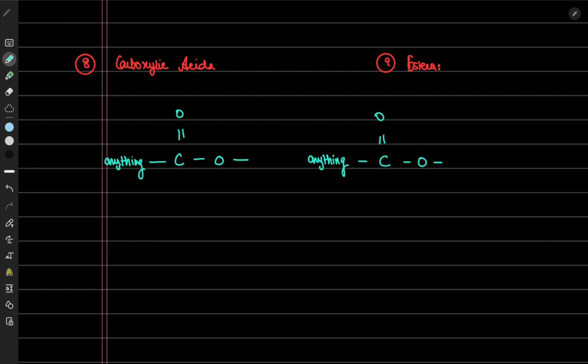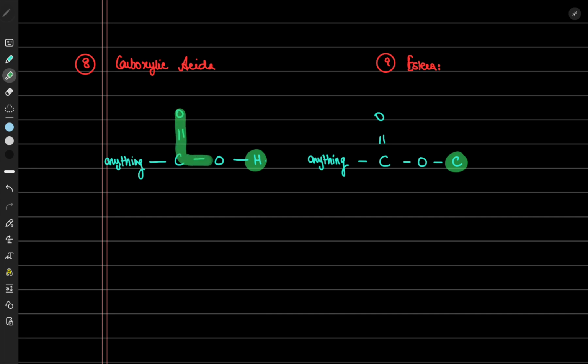On the oxygen side, however, if it's a hydrogen, this is a carboxylic acid. If it's another carbon, it's an ester. Very important difference, and I even highlight it. It's a very important yet subtle difference between an ester and a carboxylic acid, right?